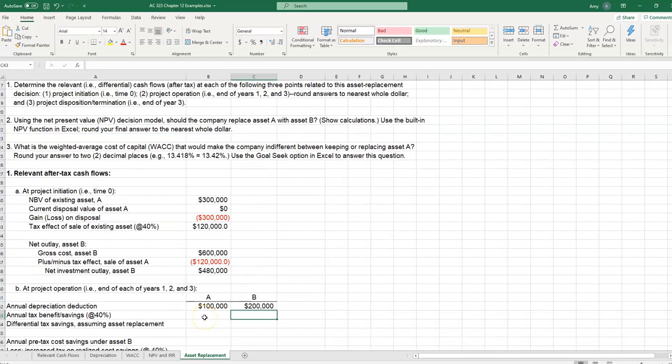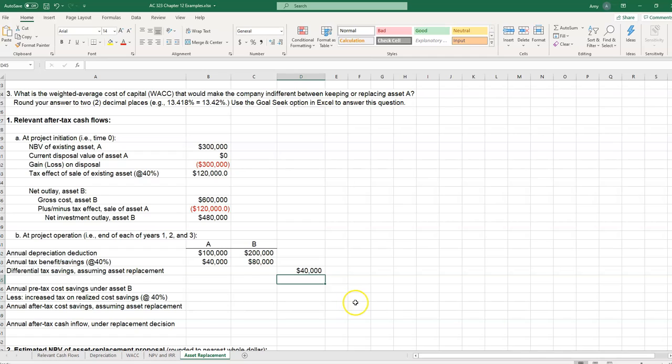So our annual tax benefit or tax shield with machine A would be $100,000 times 40%, and for B it's $200,000 times 40%. So the differential tax savings, assuming we replace A with machine B, is $40,000 a year in taxes because B's depreciation is much higher than A's. So that's going to give us an extra saving on depreciation.